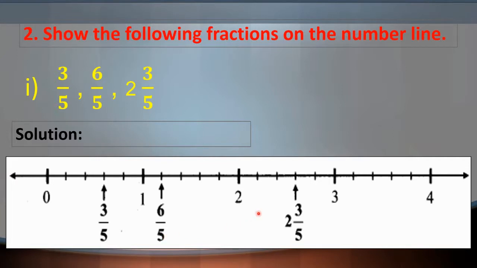After that you can see after 2 the third mark shows the fraction 2 and 3 by 5. So like this we will show the fractions on the number line.